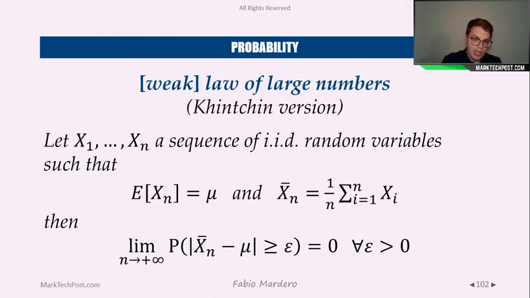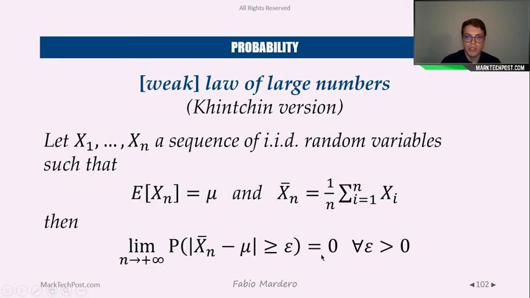So when we take an infinite sequence of independent and identically distributed random variables with the same mean mu, then the average here at the limit will almost have the same value.